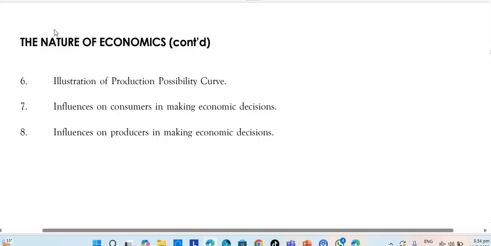Because remember, at point A, we had 100 books and 0 laptops produced. Then we move to point B. There we produced fewer books. We had 90 books. However, we produced 10 laptops. So what happened between point A and B is that the economy gives up 10 books to gain 10 laptops.